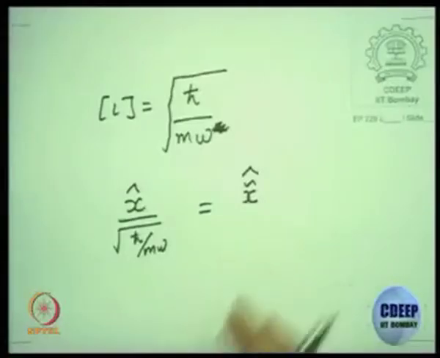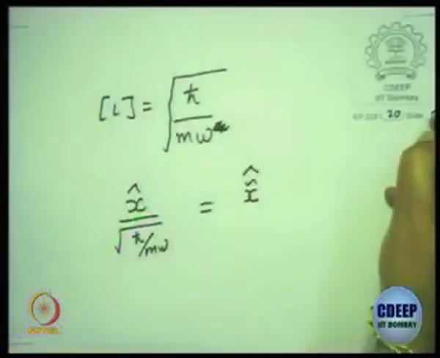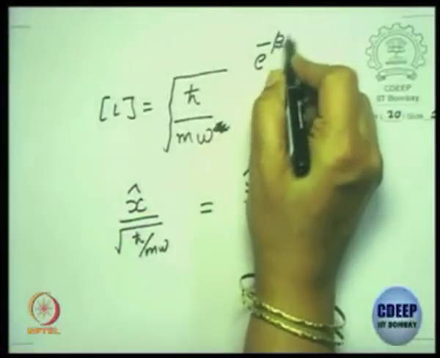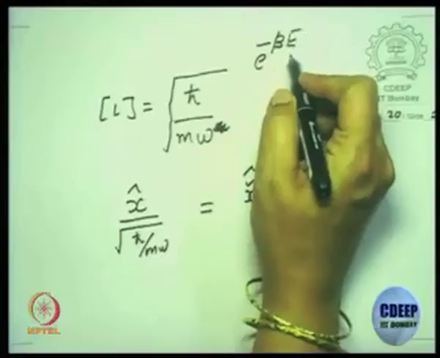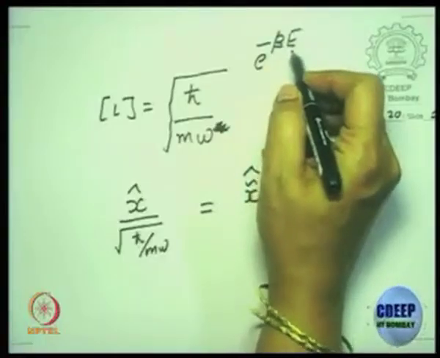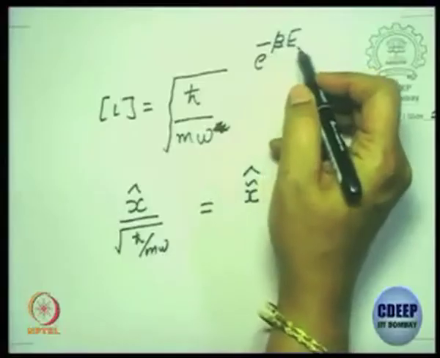Many times it's convenient to work with dimensionless quantities. If you see your Boltzmann distribution, you write e to the minus beta E, right? Beta should have dimensions of inverse energy, so that the exponential becomes dimensionless.